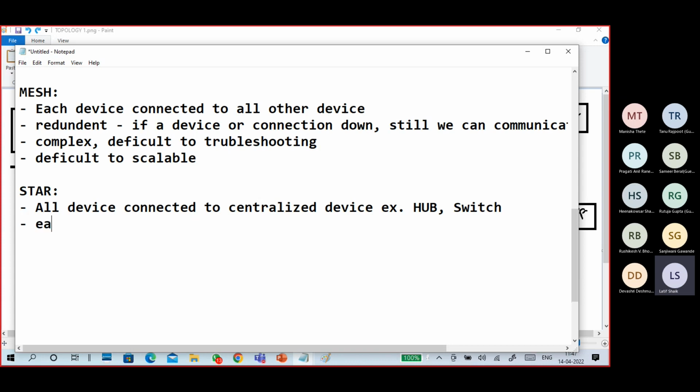Now it is very easy to configure. Easy to configure. Scalable.